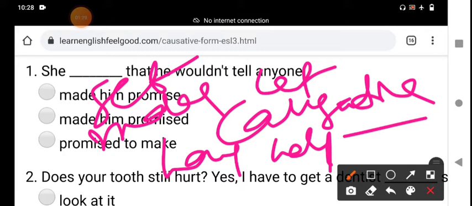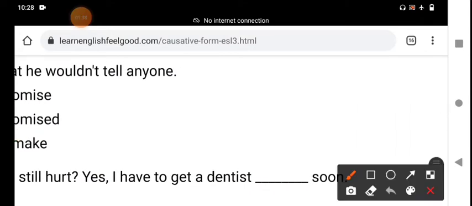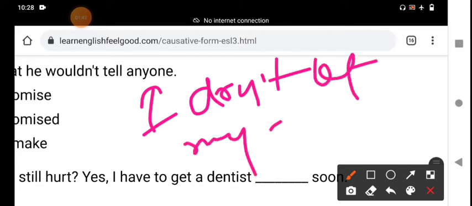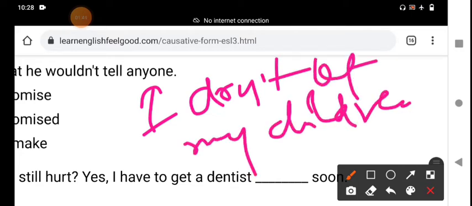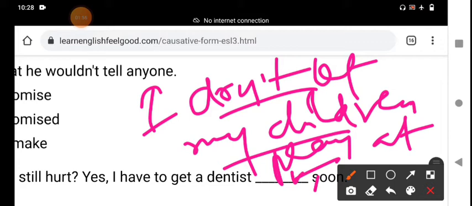For example, I don't let my children play at the dining table. Subject plus causative verb plus object plus V1. This is an active sentence, active voice.